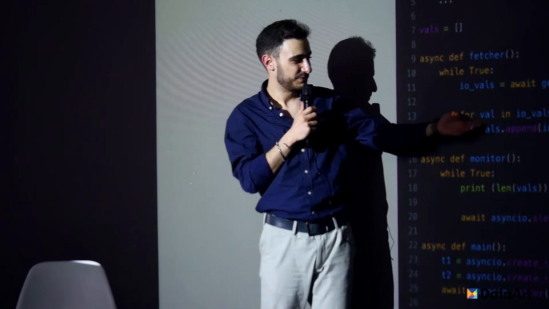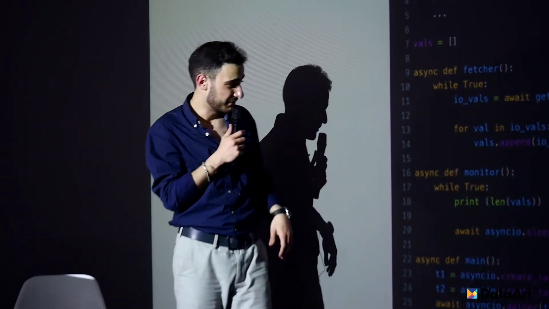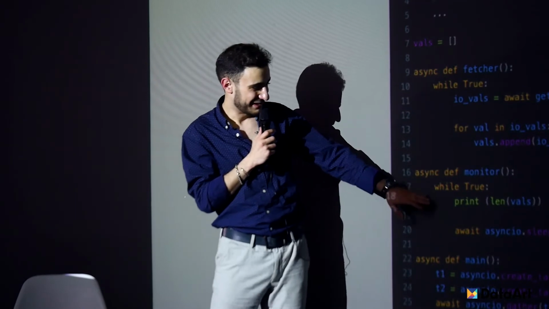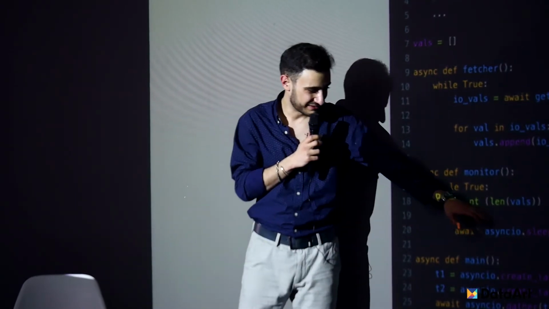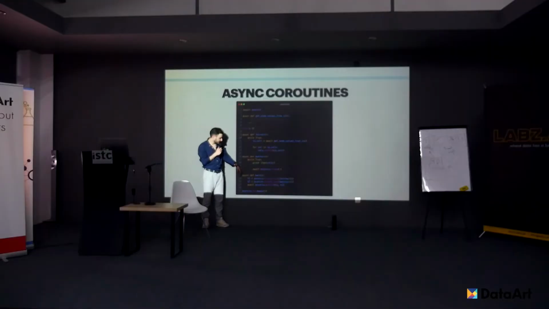So the process should finish before anything else here can continue. If you get to this point, it should loop through all the values until done, and only then can the other processes continue. For the monitor, again, we have an endless loop, which basically prints the length of values that were added, and it sleeps for 1 second.